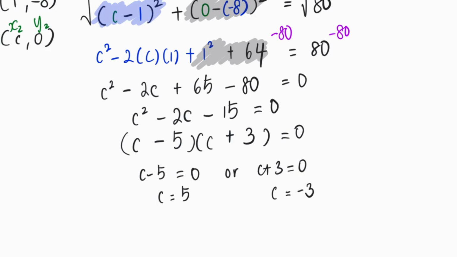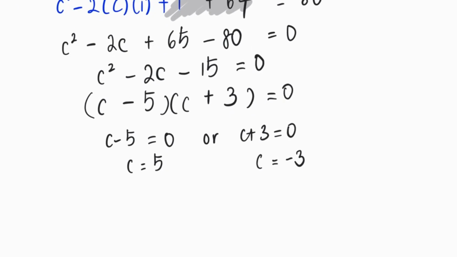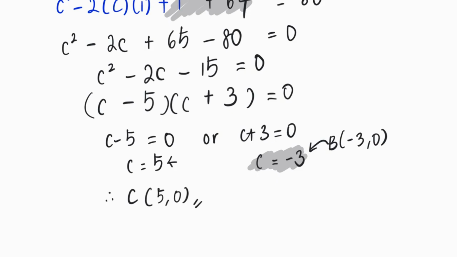But on this note, it is important to note that -3 here actually represents -3, 0, and this is actually the coordinates of B, meaning coordinates of C would then have to be from here. So C will be 5, 0. Okay?